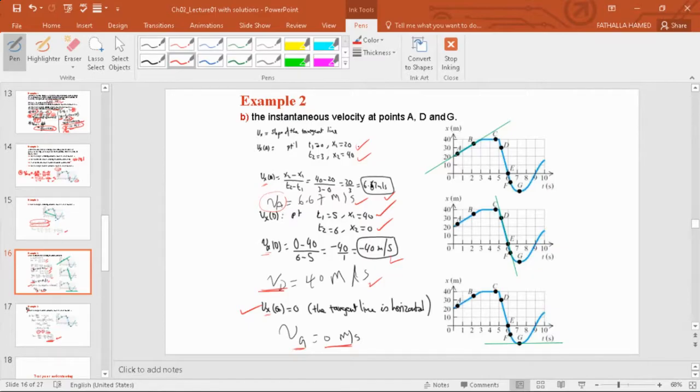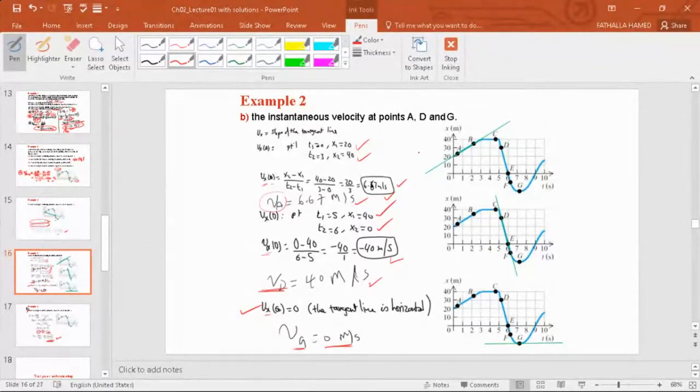At t equal to 0, I get 20 for x, and at t equal to 3, I get 40. So the Vx at A will equal x2 minus x1 over t2 minus t1, 40 minus 20 over 3 minus 0, and I get 20 over 3, which is 6.67 meters per second.